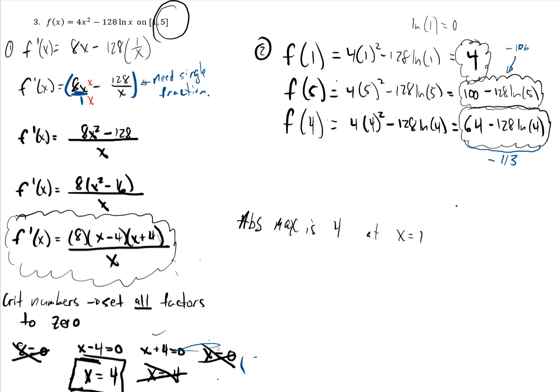So that middle one, the negative 113, is the smallest value, but I'm keeping it in exact values. And again, that's why the calculus is important to get to this exact value instead of just a pure decimal. So our absolute minimum is 64 minus 128 natural log of 4 at x equals 4.